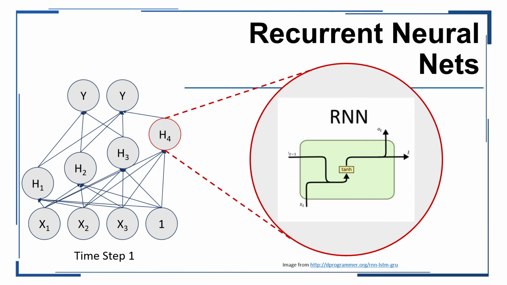Among these, there are multiple different variants of recurrent layer, with a recurrent neural network layer being the most simple. An RNN, or recurrent neural network, incorporates an RNN node, this recurrent node, which applies a tanh function to not only the inputs from the preceding layer, so it's like an activation function in that way, but it also applies it to the output of the layer in the previous time step before then propagating this onto the next layer.